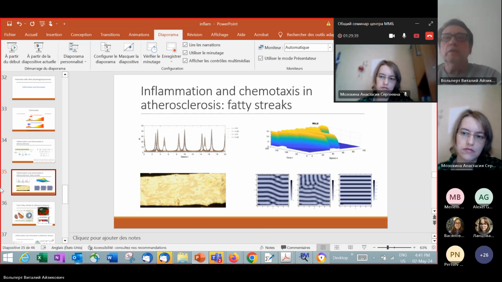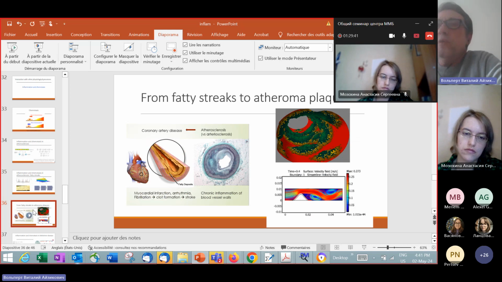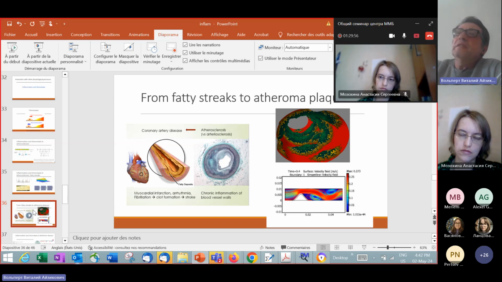Because these more advanced atheroma plaques, they appear not everywhere. They usually appear in the points of bifurcations of vessels or where there are some other perturbations, and this is often related to hydrodynamic properties of blood flow. But this is a much later stage of the development of the plaque.